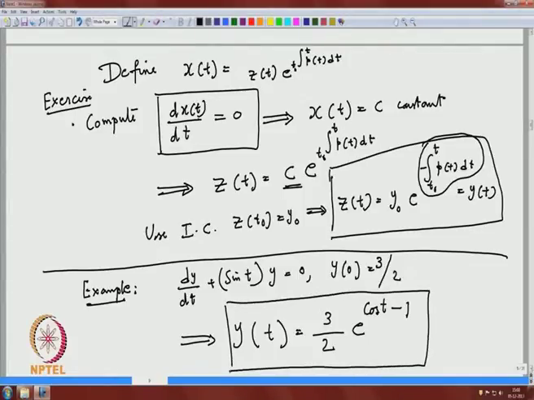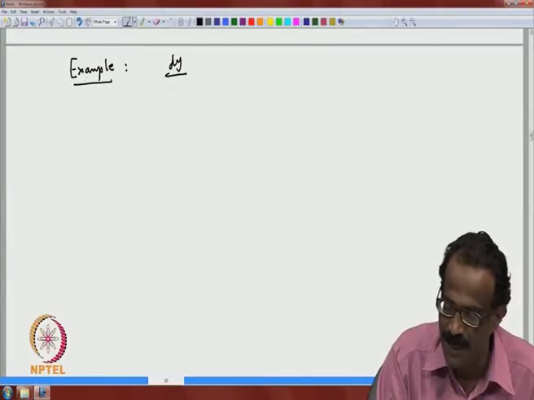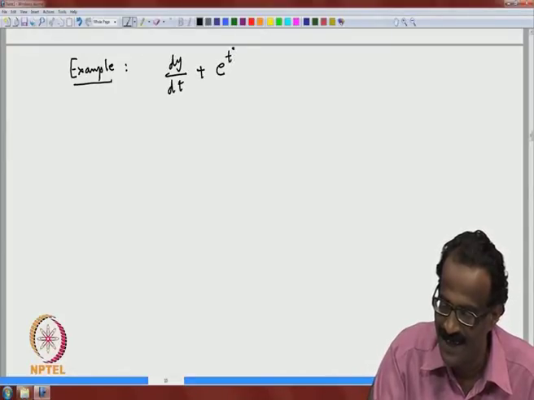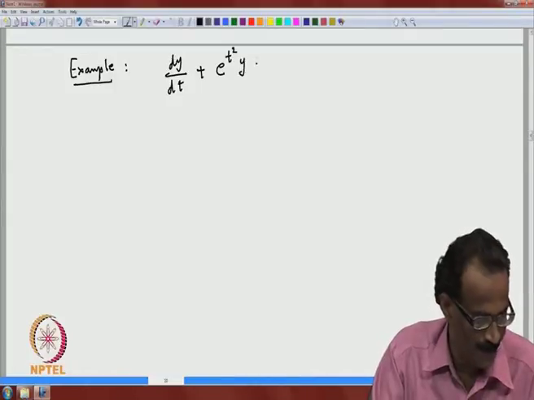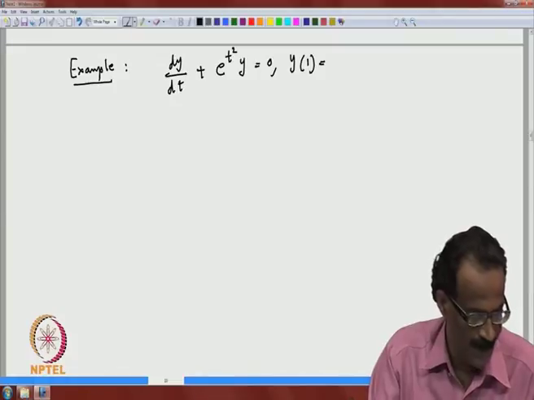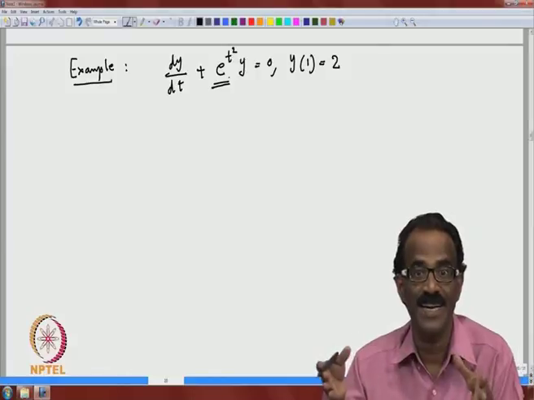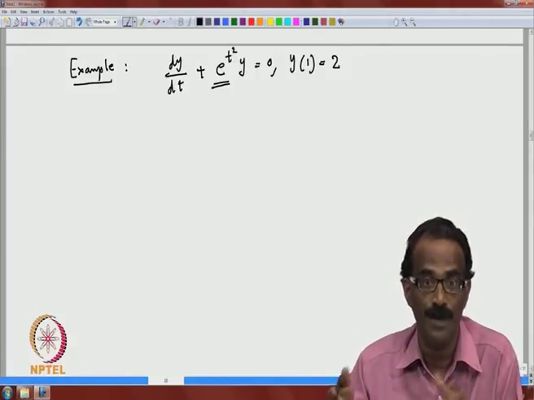You see, you can keep plenty of equations like that. To show you one equation where you may not be able to integrate, suppose I have the equation dy by dt plus e power t square into y equal to 0. All of you probably know that you cannot integrate this explicitly. You can write that the integral exists, but there is no definite formula for it.